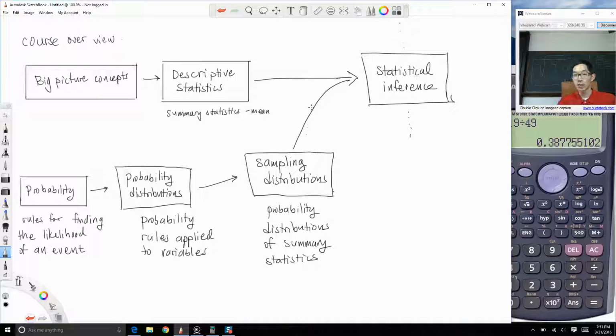So after the midterm exam, we will focus on an assortment of statistical tests that we can use. What would be examples of those? All right, let me write this down.